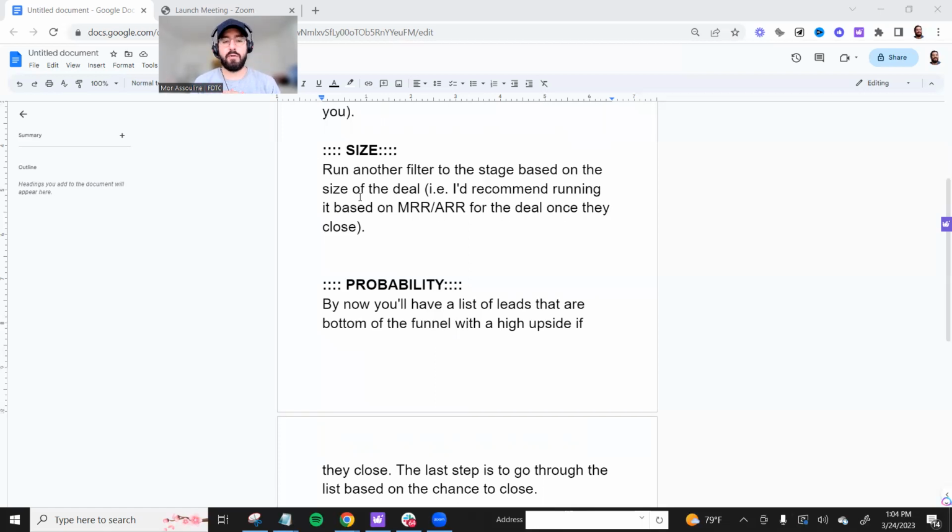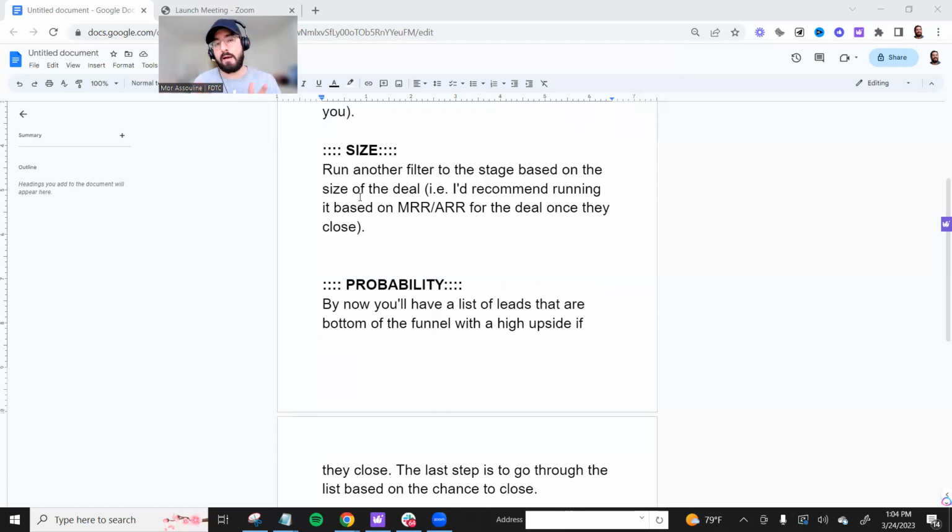The third filter should be the chance to close, the probability. A lot of CRMs already have built-in percentage win rates per stage. So if you're at proposal sent, it could be a 70% chance to win. They already have this built in, or your VP of sales or your CRO or whoever it is already built it in.